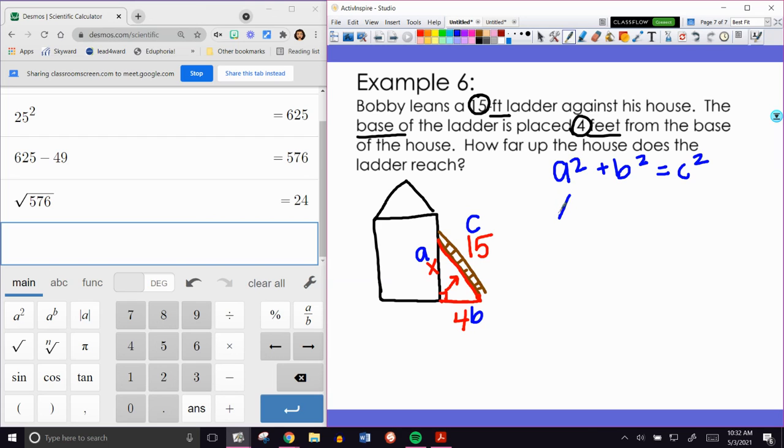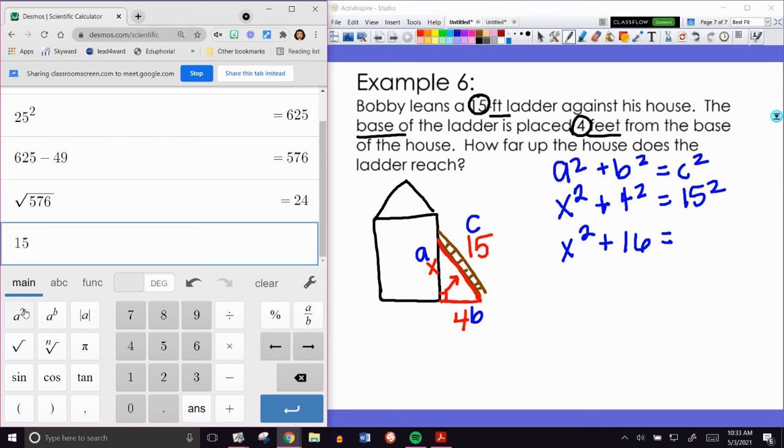A squared is X squared, plus B squared is going to be 4 squared. And C squared, C is 15 squared. I cannot do X squared, so I'm just going to move that down. 4 squared, or 4 times 4, is 16. And then I have 15 squared, and that's 225.